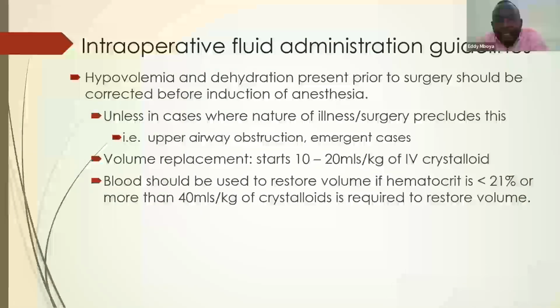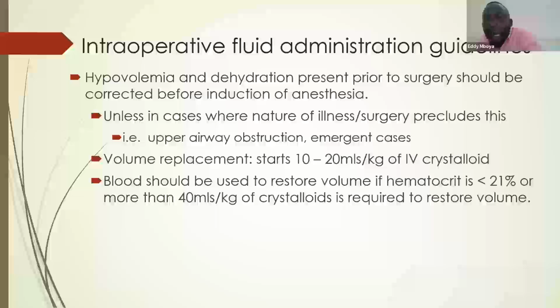But in cases where you may need to resuscitate the child, please sort out the fluid status, restore the child to normalcy prior to induction of anesthesia. Generally, it's agreed that volume replacements always start at around 10 to 20 mils per kg of IV crystalloids.